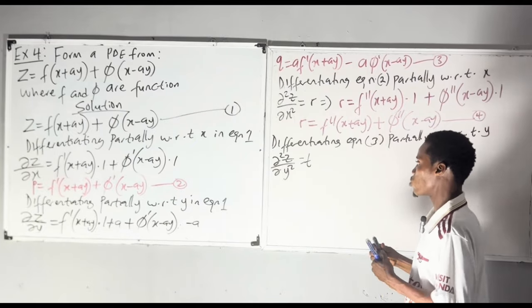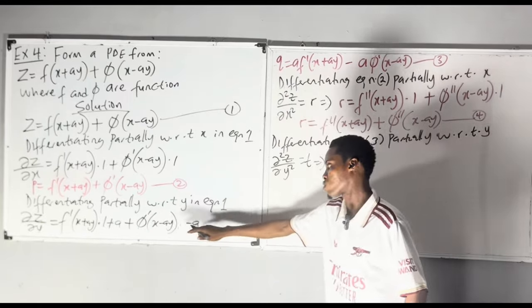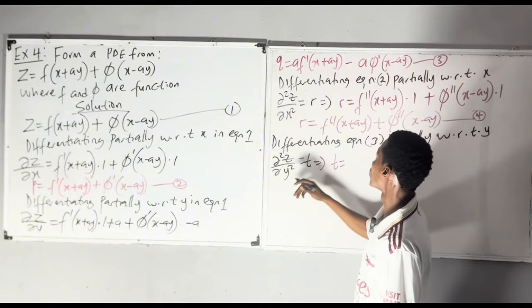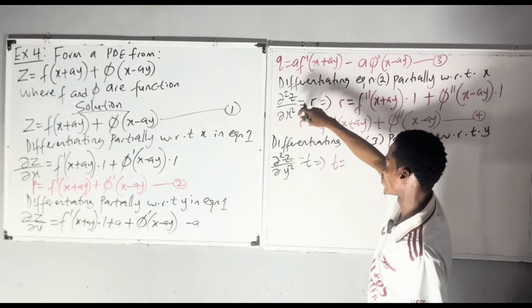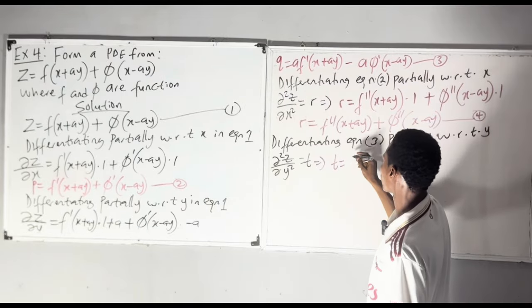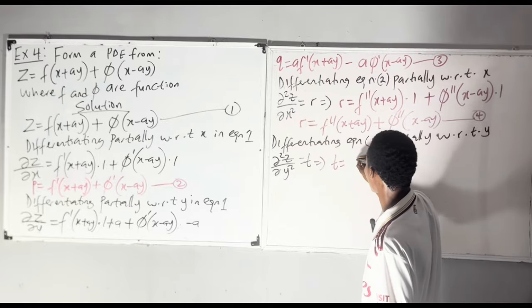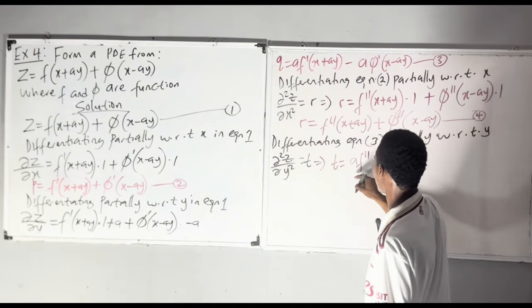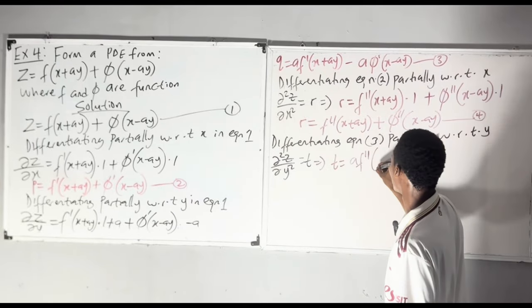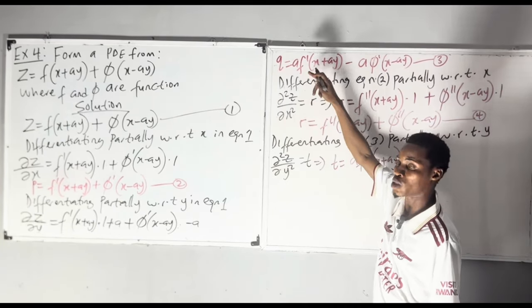So t is equal to, let us consider equation 3, I have a f prime (x + ay). I want to differentiate this with respect to y, so I have a f prime prime (x + ay). I will not differentiate what is inside and multiply together.